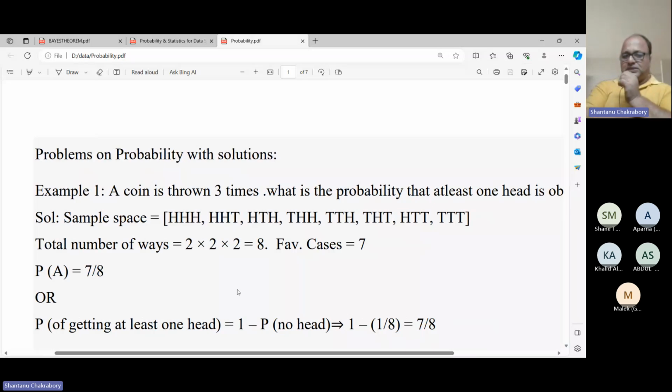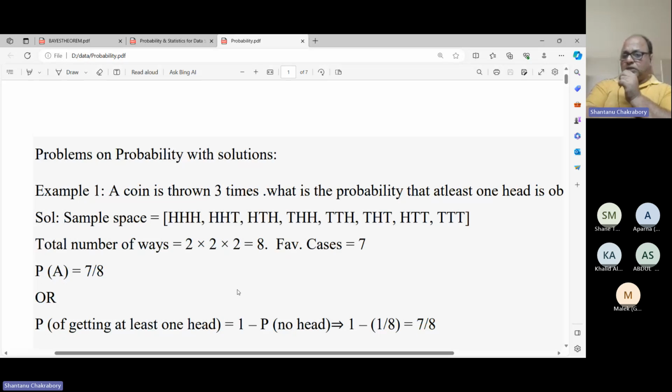You can get head, head, head, or head, head, tail, or head, tail, head, or tail, head, head, or tail, tail, head, or tail, head, tail, or head, tail, tail, and tail, tail, tail.